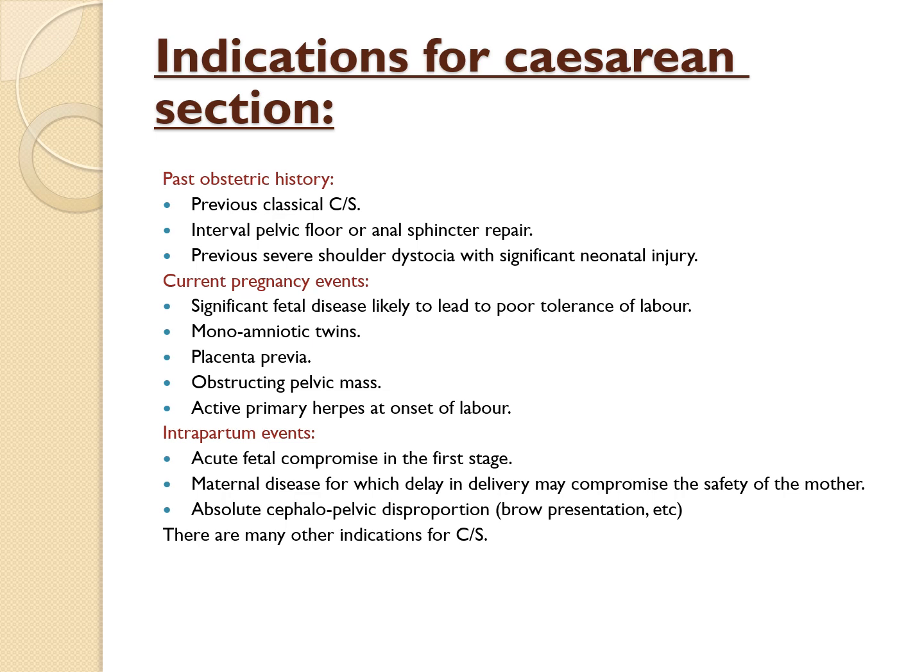Intrapartum events include acute fetal compromise in the first stage of labor, maternal disease for which delay in delivery may compromise the safety of the mother, or absolute cephalopelvic disproportion like in brow presentation. There are many other indications for cesarean section.